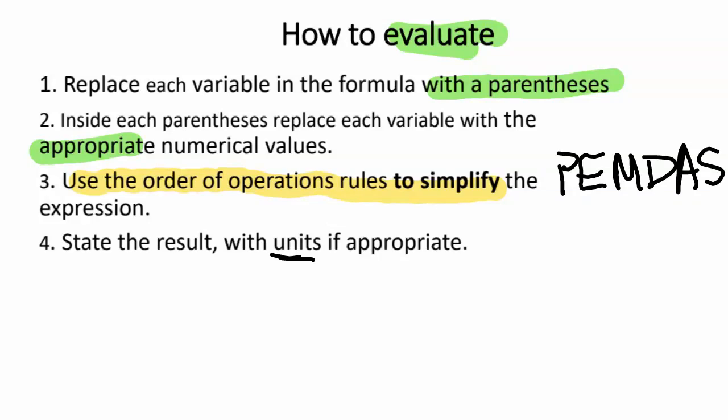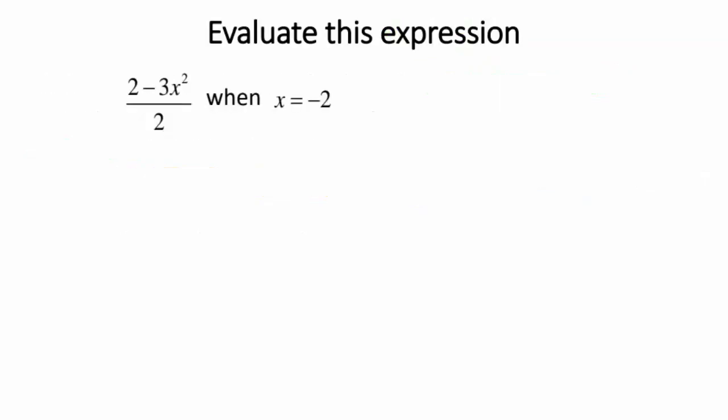Well, I only had a couple more slides, and here we go. This is saying evaluate. Well, this is saying that my x is -2, which is right here. That's my 2. But notice it has an exponent.